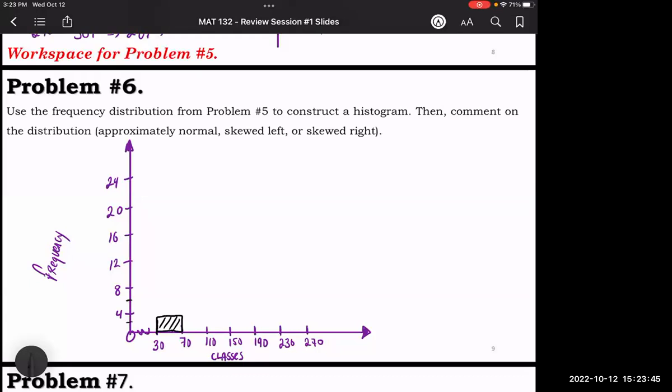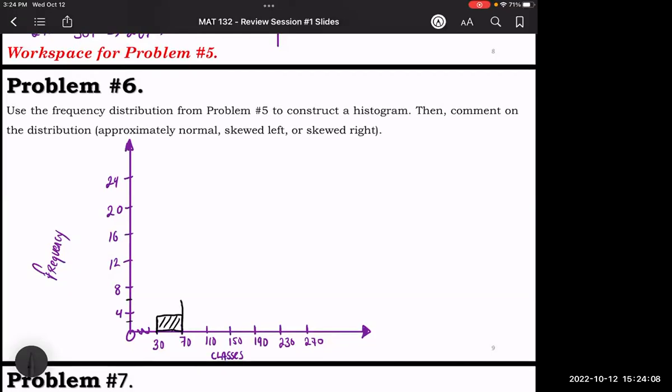Now, one thing to note is that when you're drawing a histogram, are there spaces between the bars? No, unless the frequency is 0. If the frequency is 0, then yes, you'll see a little gap. But we don't have to worry about it here because none of the classes have a frequency of 0. So this one will be 70 to 110.